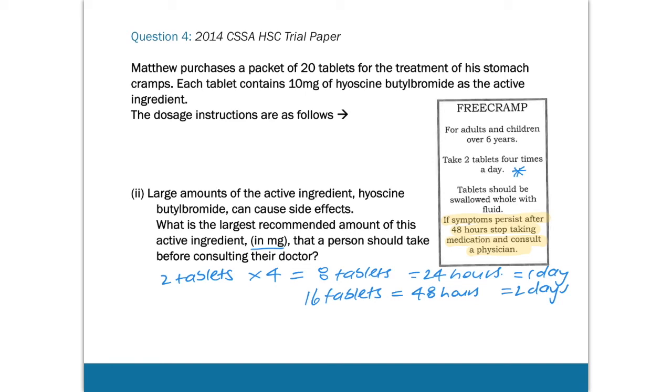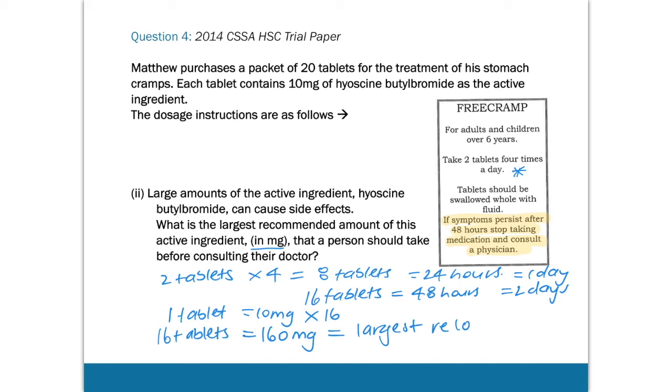So 1 tablet equals 10 milligrams, but we have 16 tablets in 48 hours. So if we times that by 16, 16 tablets equals 160 milligrams. So that is the largest recommended dose. Okay, and that's our answer there. Just underline that to make it clear.